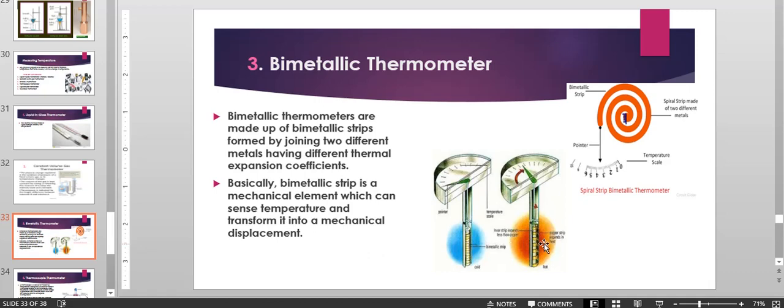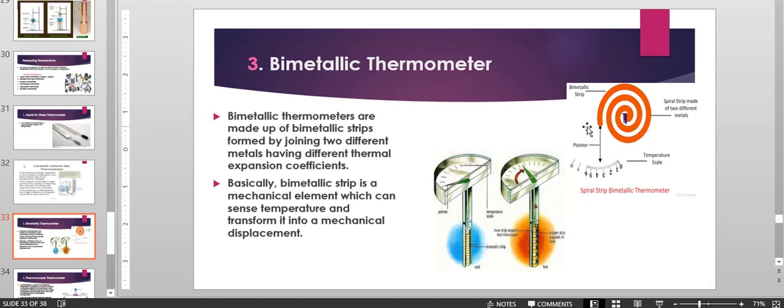And when they are used in order to find out the hotness of something or the warmth of an object, after absorbing that heat, the coil of bimetallic strip in this thermometer will expand respectively. And this indicator is basically showing the difference or indicating the temperature change of a particular body.